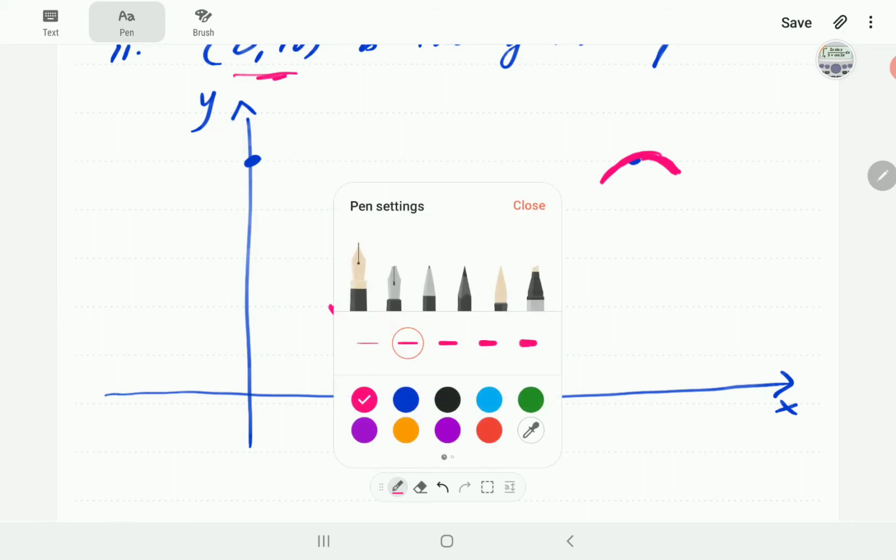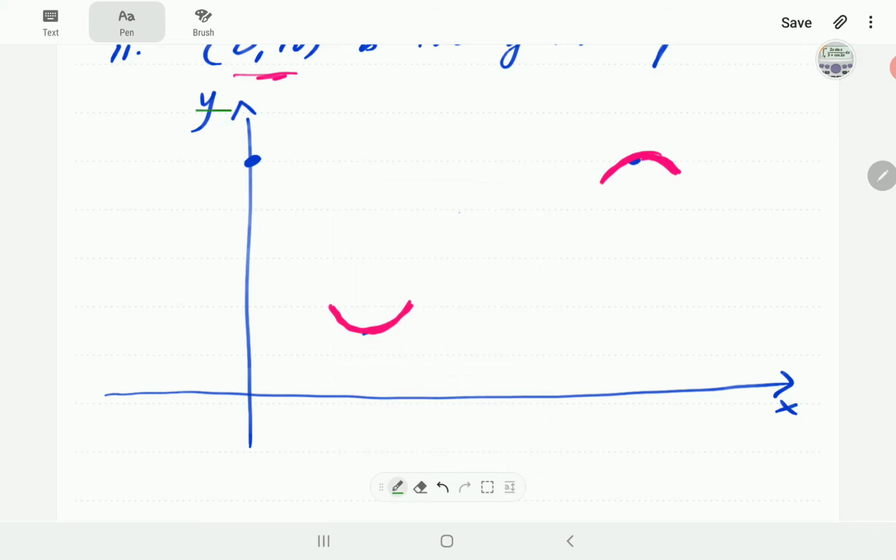So we just join these points as suggested by these shapes, and then we have the shape of our graph. Okay, so our graph is generally going to look like that. Let's try to make it as smooth as we can.